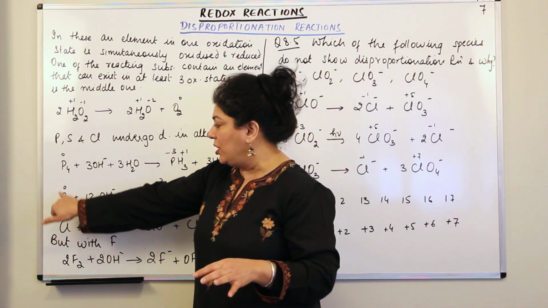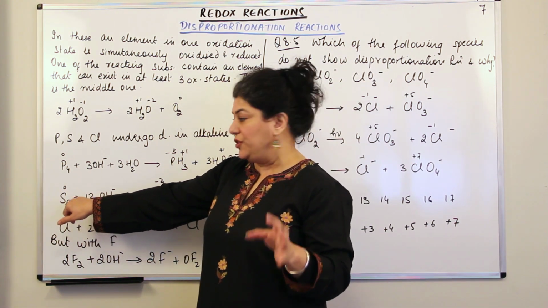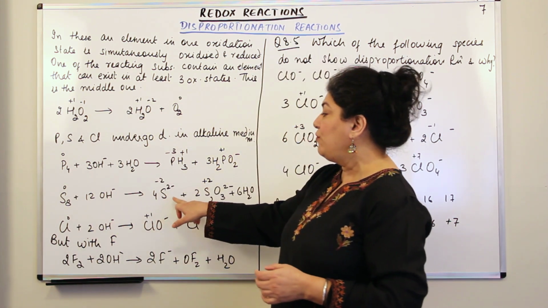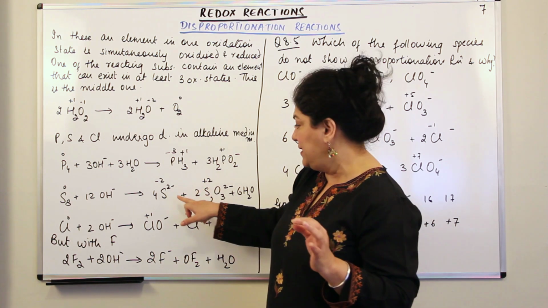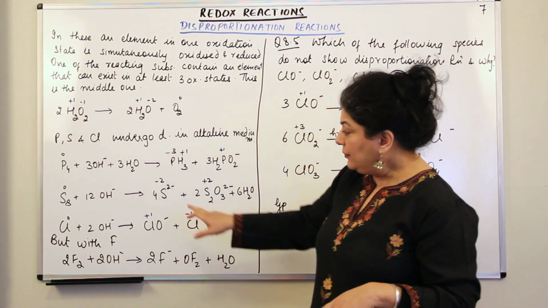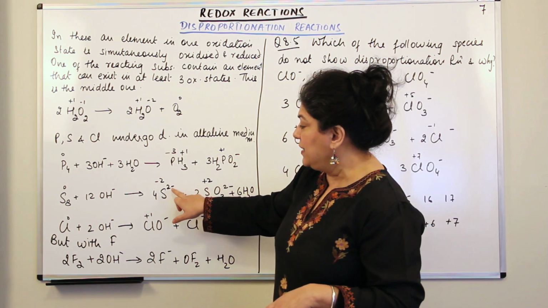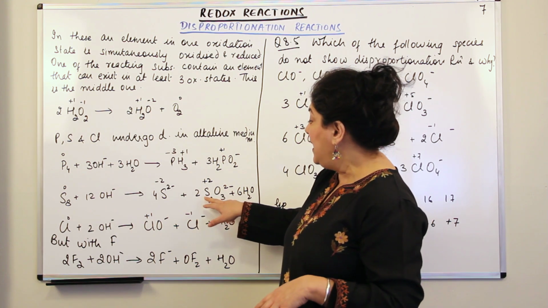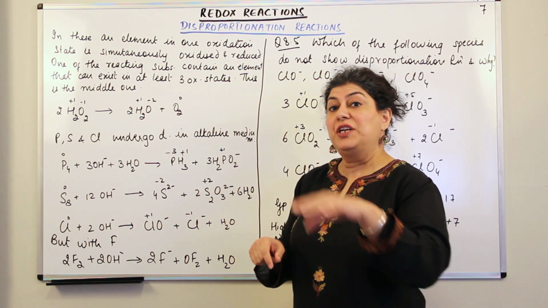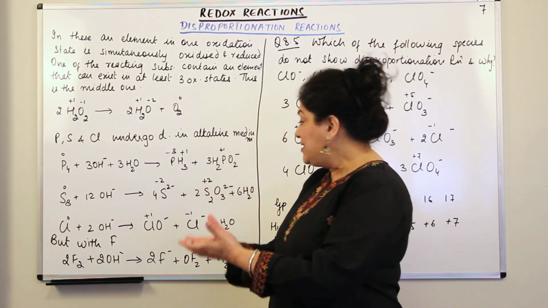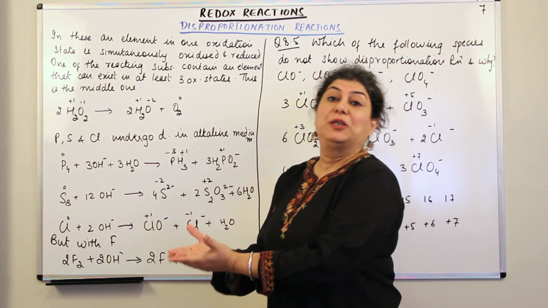S8 has a charge of 0 because it's in the elemental state. It again reacts with OH negative, resulting in the formation of S2 negative, the sulfide ion, and S2O3 2 negative. Now in S2 negative, the charge is 2 negative, and in S2O3, oxygen is more electronegative than sulfur. Therefore, in comparison to oxygen, sulfur is positively charged.